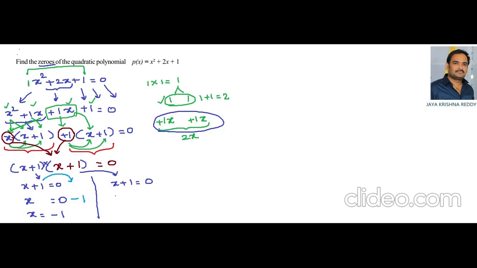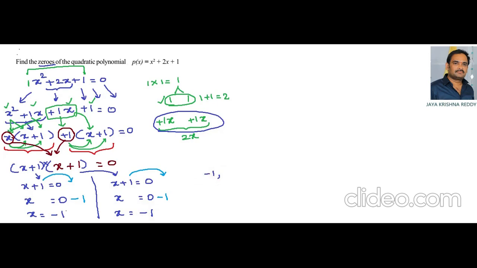In the same way, in the second equation also, x equal to 0, and here again you have to transfer this plus 1 to the right side, so it will become minus 1, and x equals to 0 minus 1 means it is minus 1.